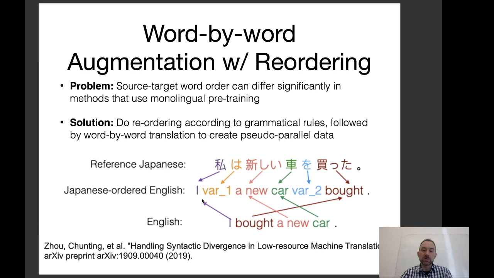What we can do instead is use some very simple syntactic rules that basically take "bought" and move it to the end of the sentence because it's the head of its corresponding phrase. And we can also add grammatical markers after the object or the subject of the sentence. These rules are specifically designed because I know, for example, that Japanese is a head-final language where we want to move the head to the end of the sentence.